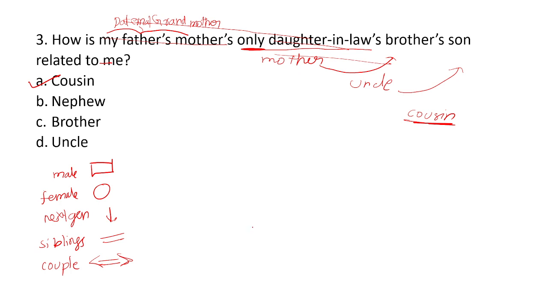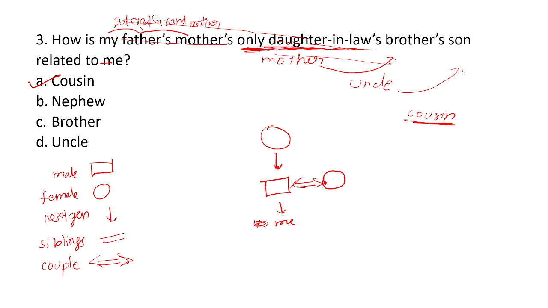Here it is given the person who is talking. This is me, and it is given my father. So my father, a male person, and the next word is my father's mother. So his mother. And my father's mother has only one daughter-in-law. Only means only one. So obviously she has only one son, which is my father, and her only daughter-in-law will be my father's wife.